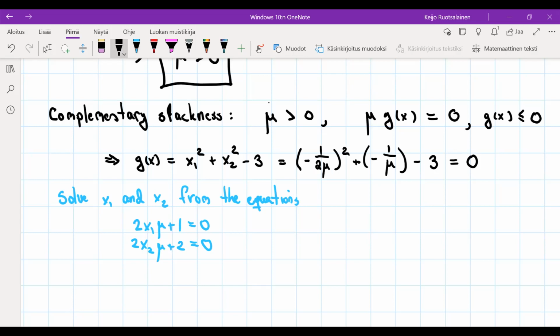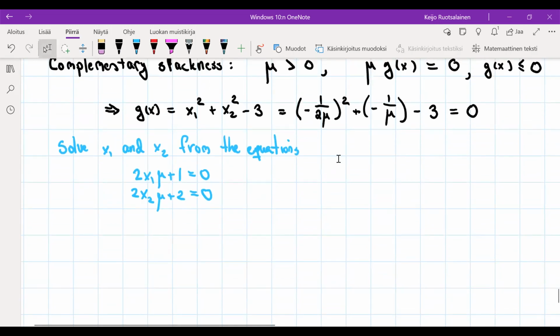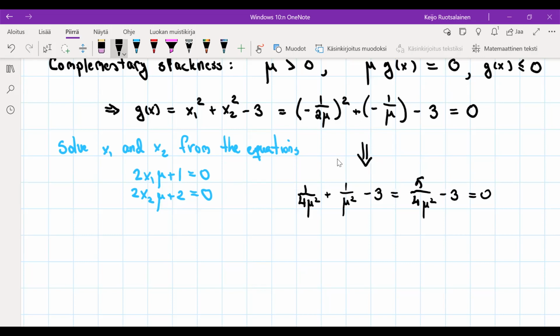So we get the equation: 1 over 4 times mu squared plus 1 over mu squared minus 3 equals 0. So actually, let's write it here. It is 5 divided by 4 times mu squared minus 3 equals 0.